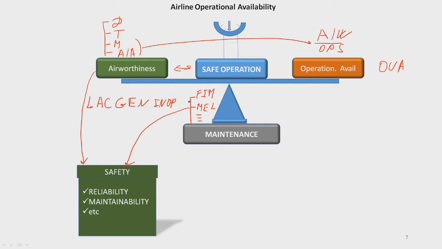If safety is downgraded because we have an issue with the left AC generator, then we have a problem with airworthiness. So the product is not airworthy.